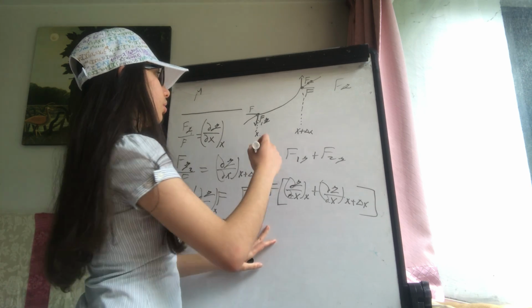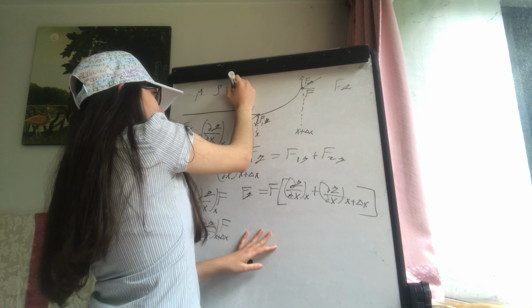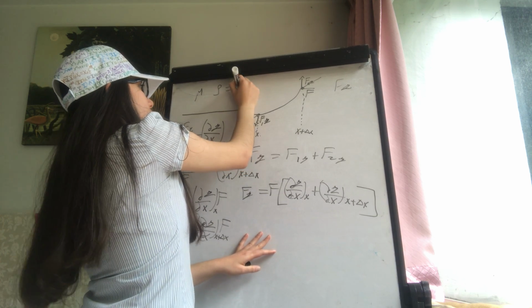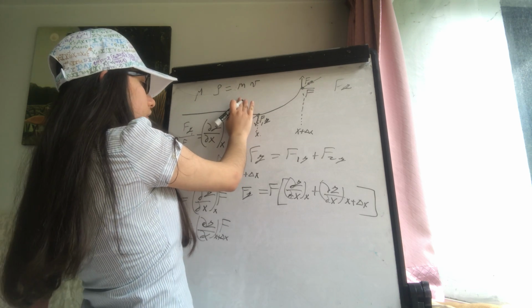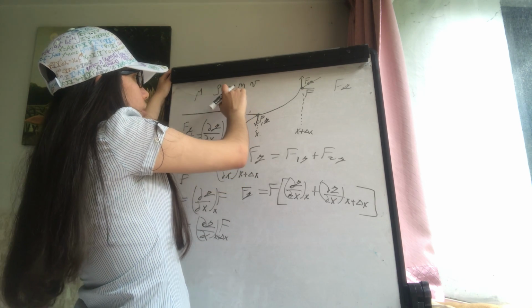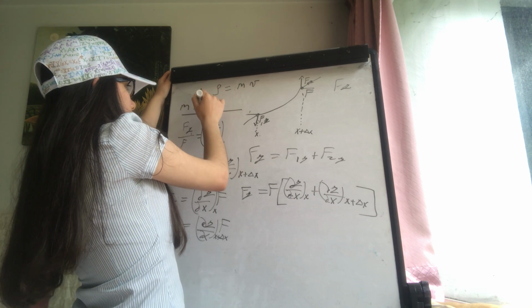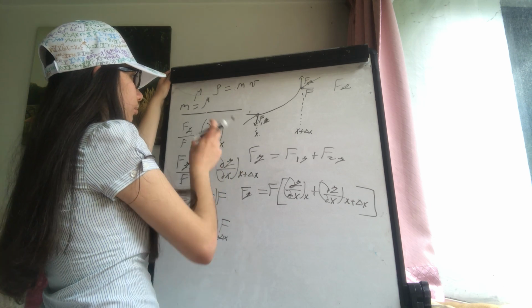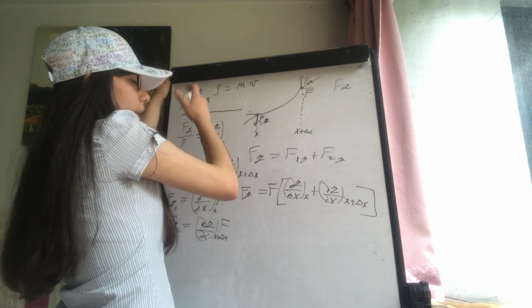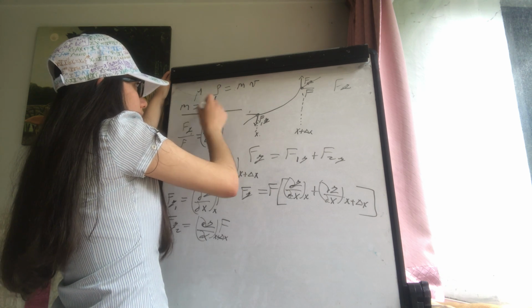Now remember that we have the momentum. Momentum is the mass times the velocity. Here remember the mass is the mass per unit of length times the length.